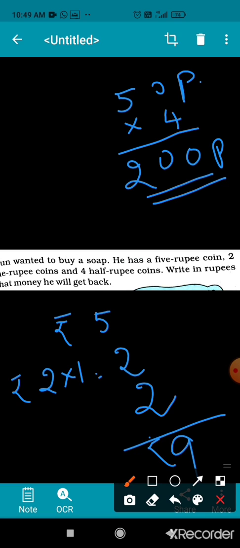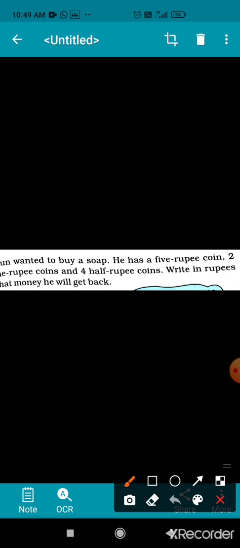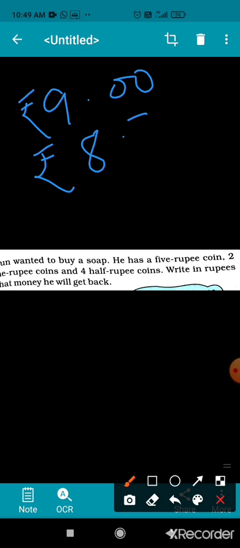He has 9 rupees and the soap cost is rupees 8.75. Write in rupees that money he will get back. So what you will do? You will subtract. You cannot subtract 5 from 0. So it will borrow from this 0. And this 0 has no value.